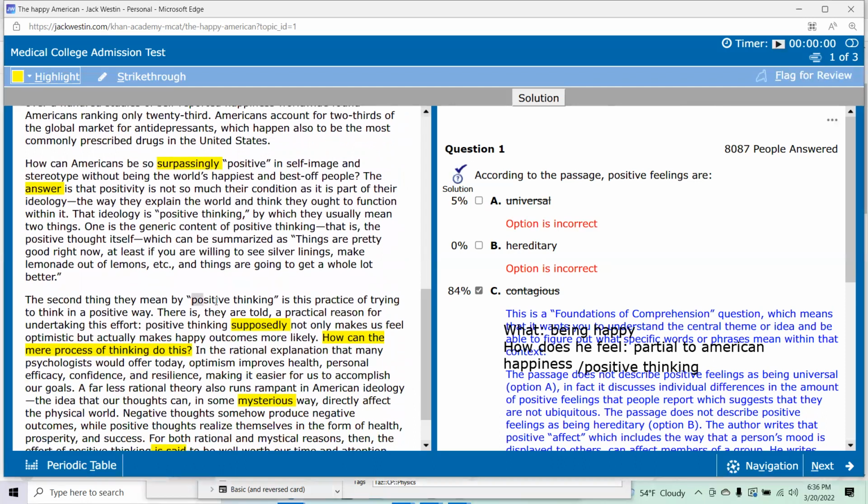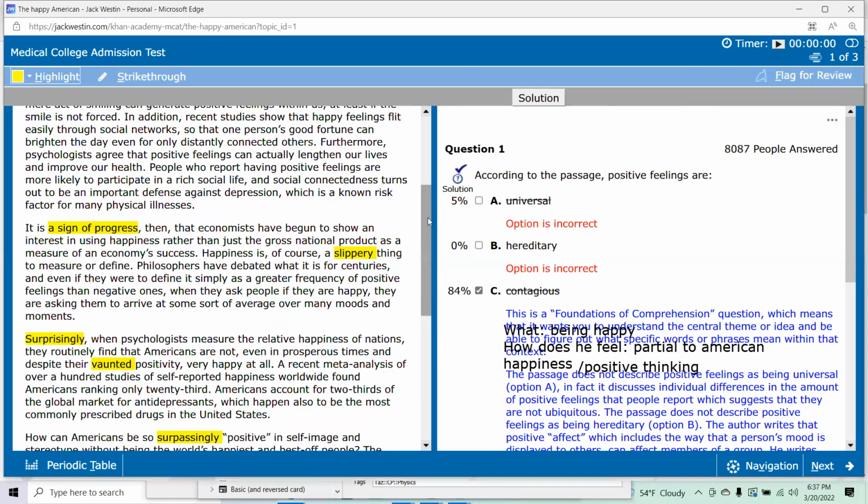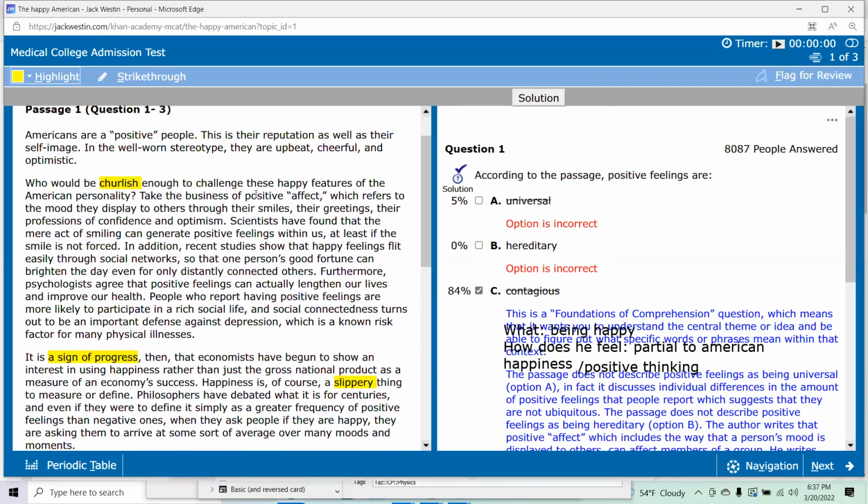So here we talk about positive thinking, right? And here we talk about positive affect, which refers to the mood, aka feelings. They will never play it straight. The words positive feelings are not in this passage at all. If you actually look through it, the phrase is not here, because they don't want to make it easy for you to hone in on where you're looking.